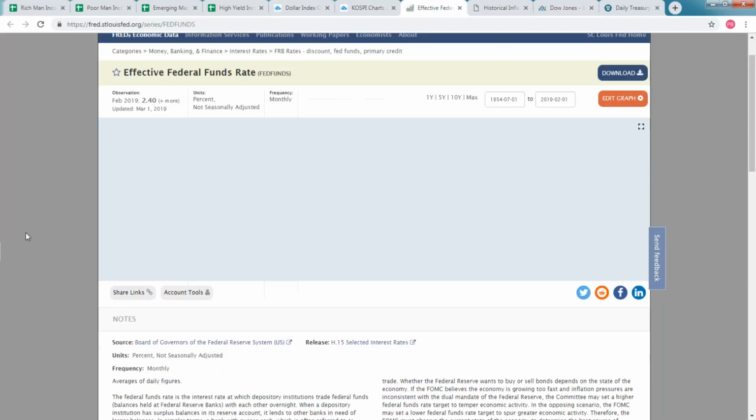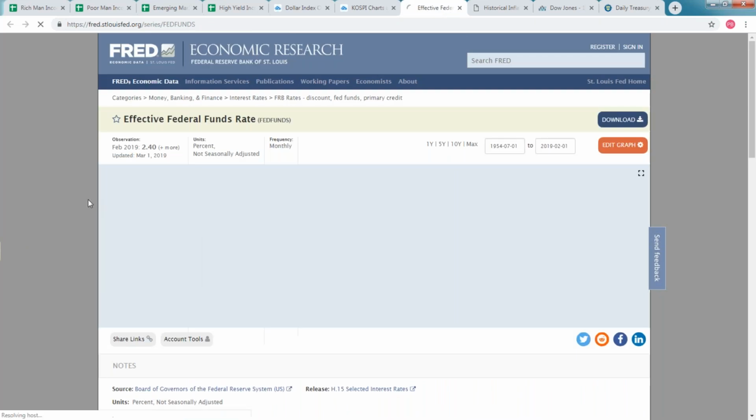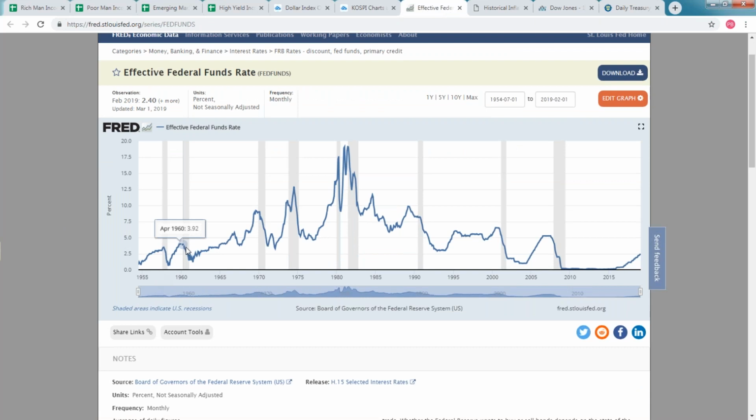And so I would argue the biggest fear would be... If we look at the period from 1960 all the way to 1980, we had a 20-year rise in the Fed fund rate. And so what happened to the stock market during this period?